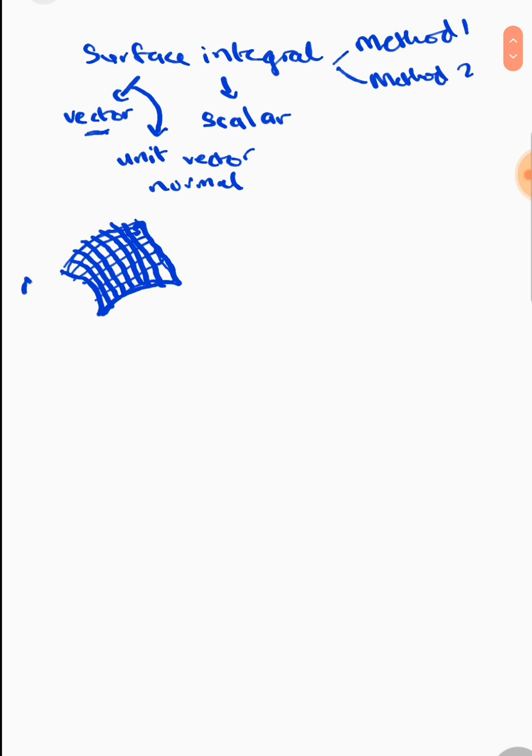Let's say this side here is indicated by vector A, and this side here is indicated by vector B. So the dS, where S just indicates the surface, will be equivalent to our parallelogram. If you remember how we get the area of a parallelogram, we use the cross product, isn't it? So it will be A dx cross B dy. This is just to show you the gist of how it came about.